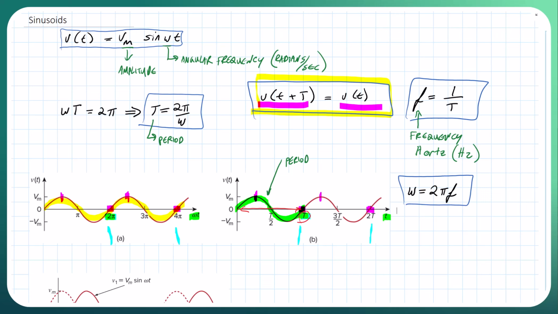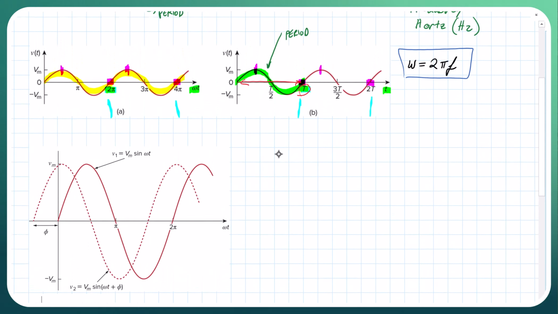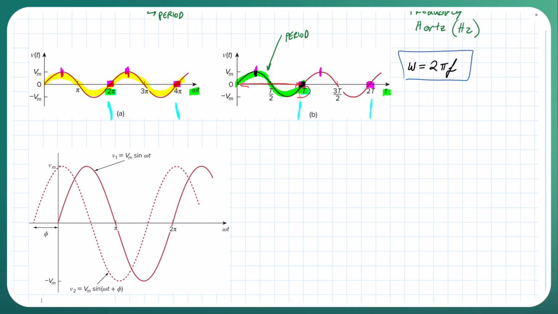The other thing we note with regards to sinusoidal functions is there are going to be phase shifts that we want to deal with. So we can come up with a more general expression.